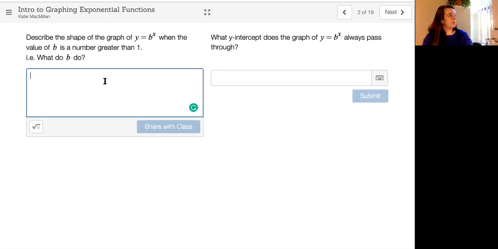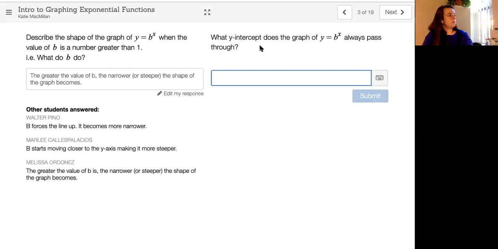I like what Melissa has written for this one here. Which is the greater the value of B, the narrower or steeper the shape becomes. I really like that answer.